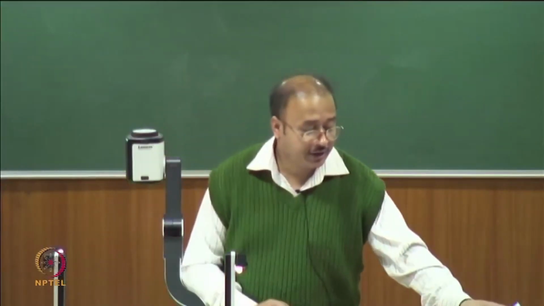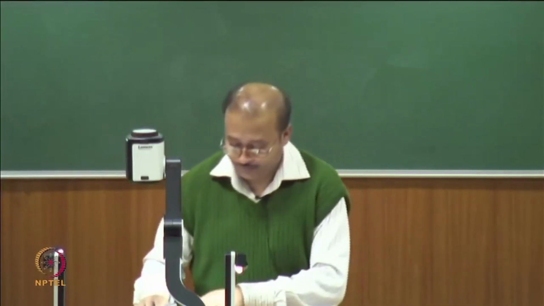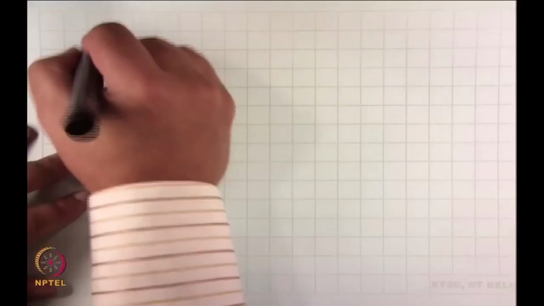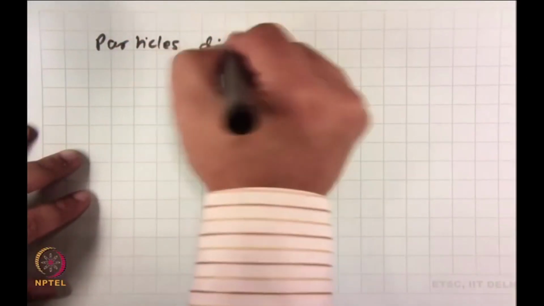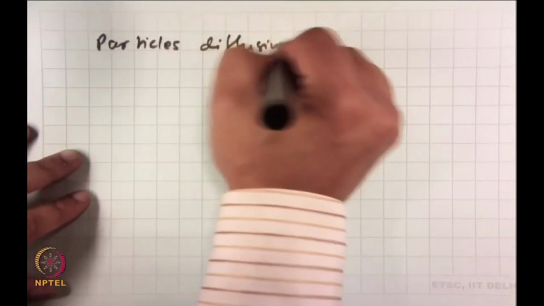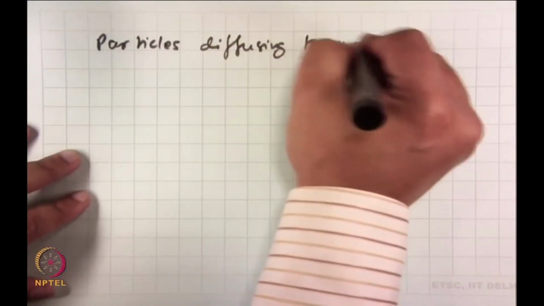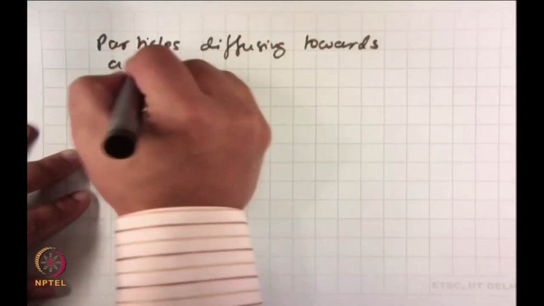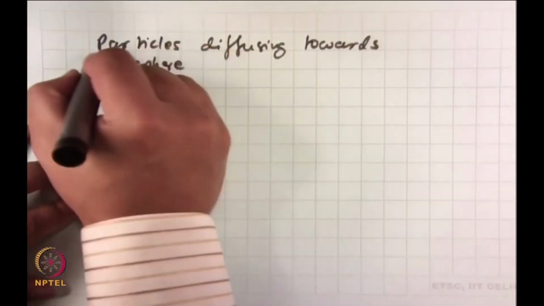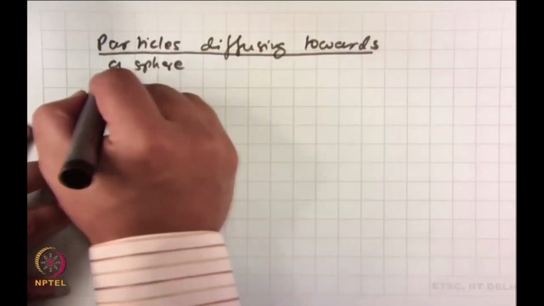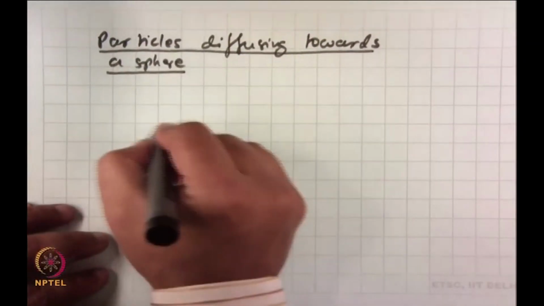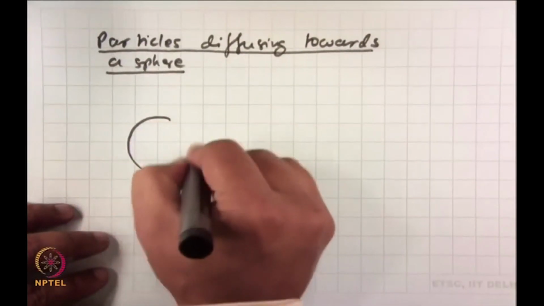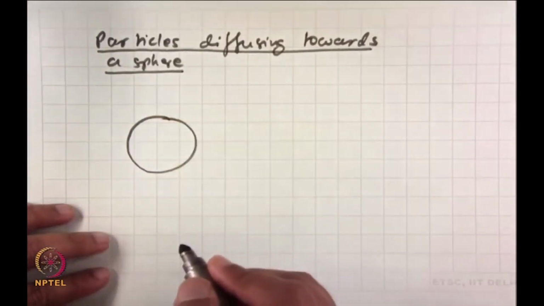What I will do is, we will actually derive a condition where you have particles diffusing towards a sphere. What do I mean by that? What I mean is, I have a spherical particle, right, of a certain mass.